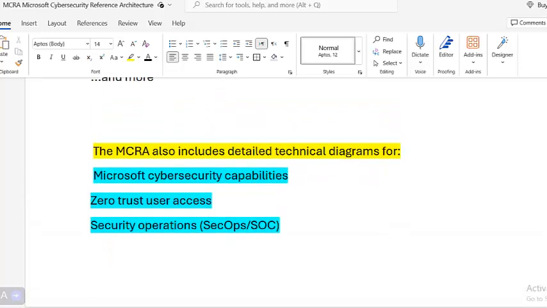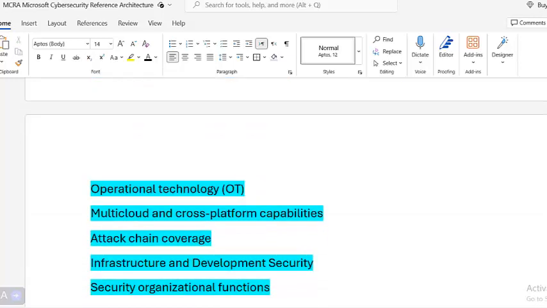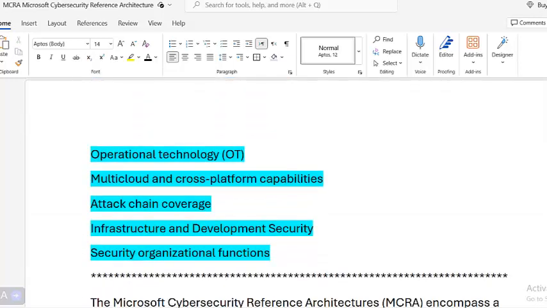Okay, the MCRA also includes detailed technical diagrams for Microsoft cybersecurity capabilities, zero trust user access, security operations, operational technology, multi-cloud and cross-platform capabilities, attack chain coverage, infrastructure and development security, security organizational functions.